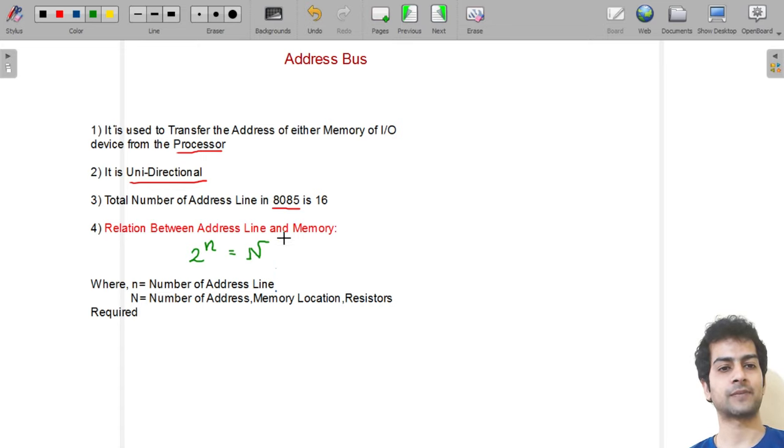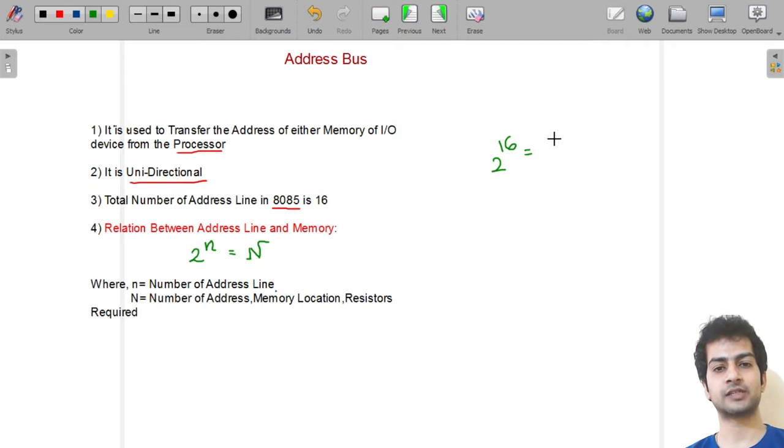So suppose we are saying that in 8085 there are a total of 16 address lines. So we can write it like this: 2 to the power 16. We discussed it in the number system also, where I told you that one figure will be very important for you in future, and now we are going to see that figure.